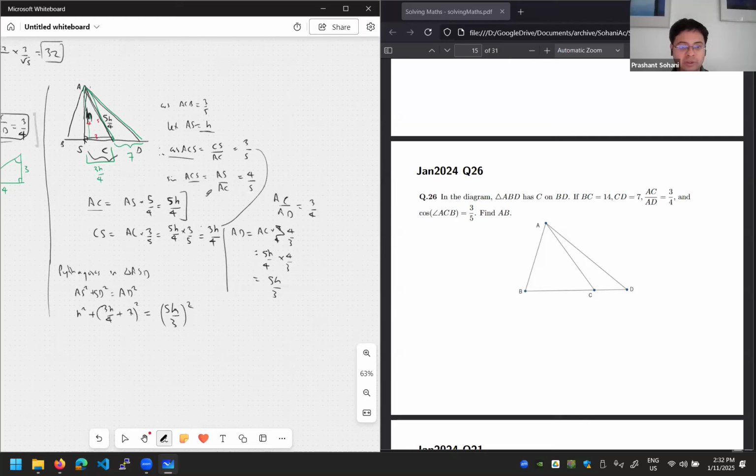That is also given to us. So we can find the length of AD again in terms of h. Finally we get the equation AS square plus SD square is equal to AD square. And if we substitute all the expressions which are in terms of h, we get this overall expression.